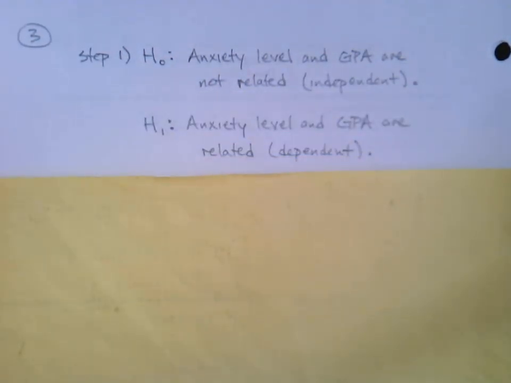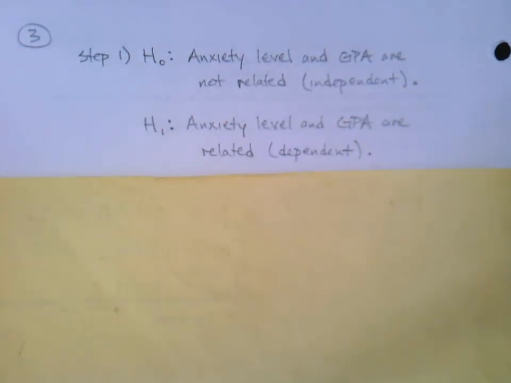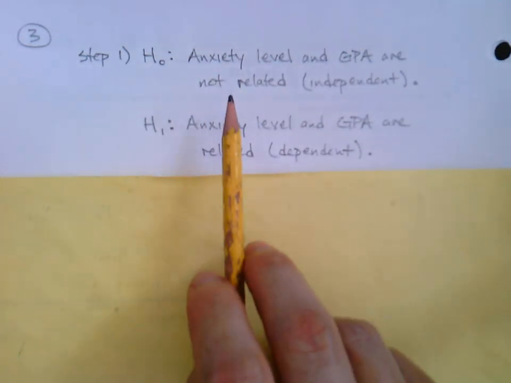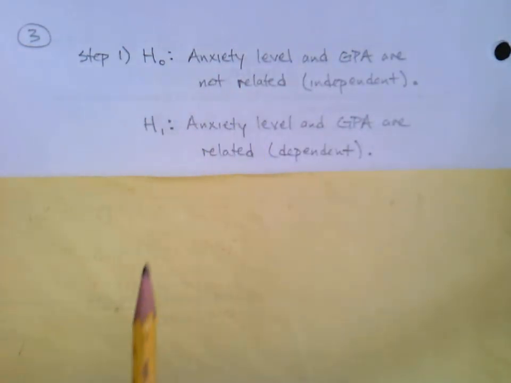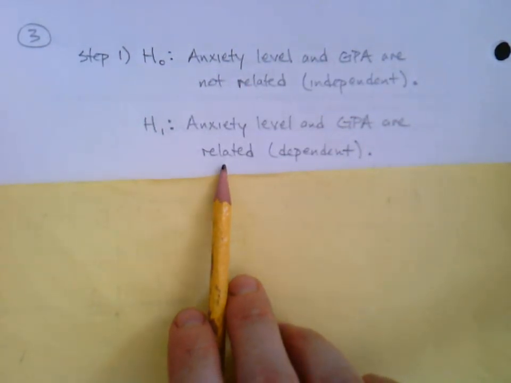Anxiety level and GPA are related. Of course, you could replace the word related with dependent, that one influences the other somehow. Moral of the story: for a test of independence, you always assume not related. And then the alternative is the opposite, that they are related. We want to know, is there enough evidence that there is a connection?